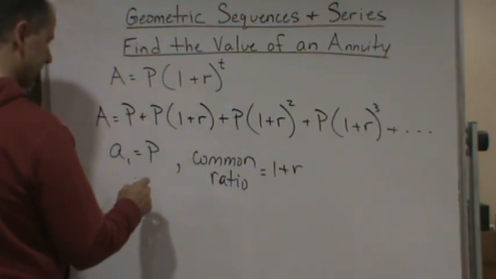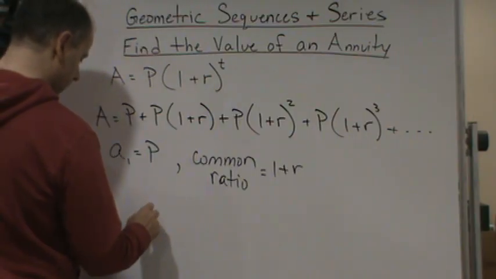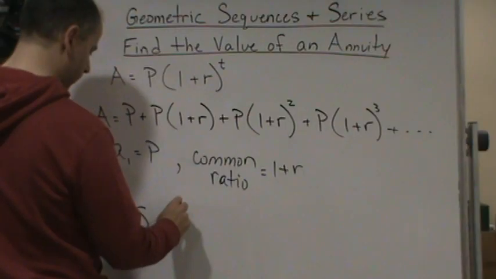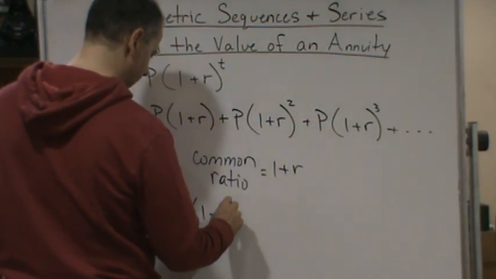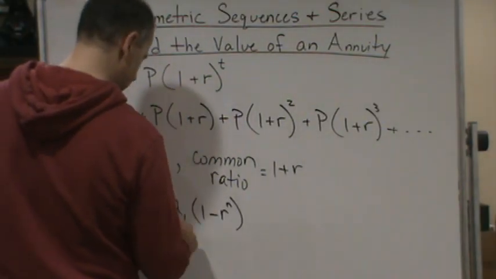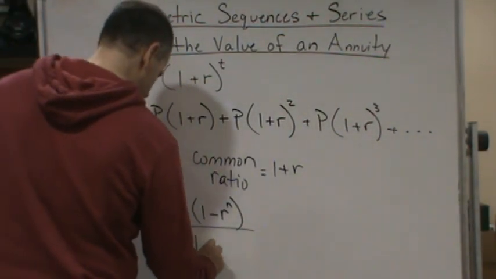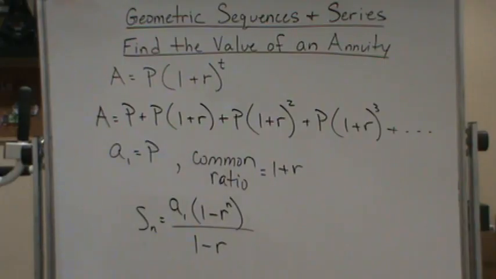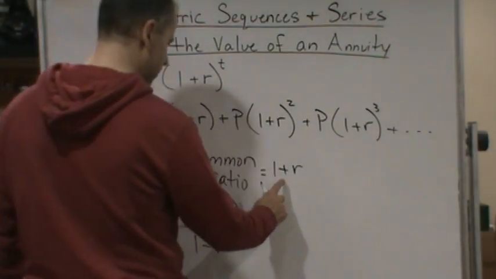In this case, the nth partial sum is going to be S sub n equals, and remember the formula, A sub 1 times 1 minus R to the nth. Now here, this is the common ratio, not the interest rate. So we just got to be careful because we're using the same notation. Okay, so remember that's the general formula. This R represents the common ratio. Okay, but remember the common ratio is this.